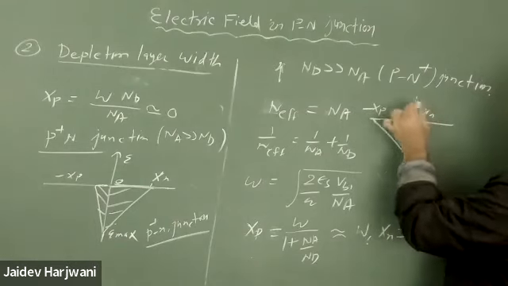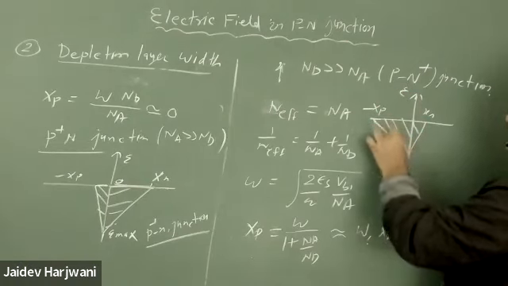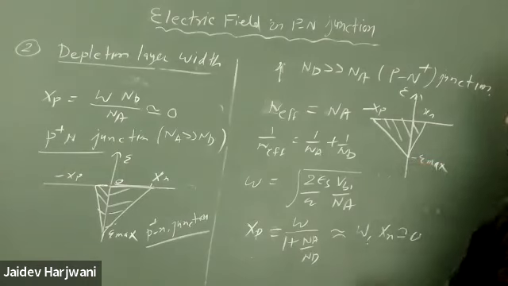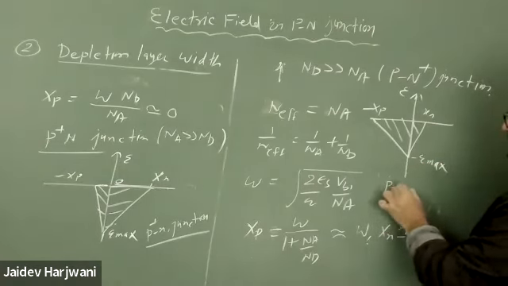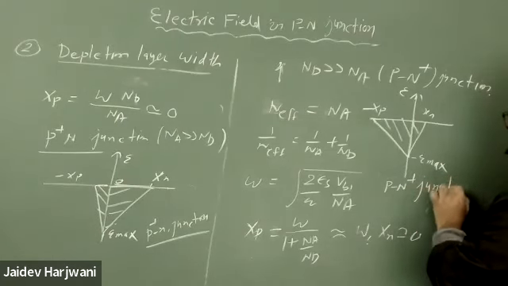This is your Xn, this is your electric field, and this is your Emax, for a P N plus junction.